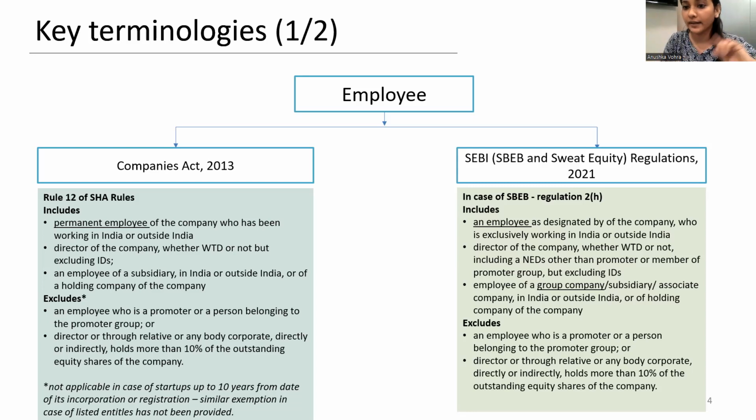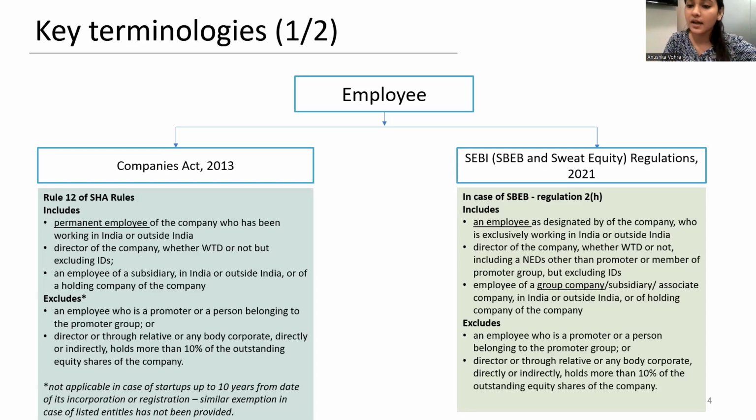But when the regulations were changed, the word permanent was removed, and now it says an employee as designated by the company. So now, under the SBEB regulations, it includes non-permanent employees also, meaning an employee who is on probation or working on a contractual basis is also included. Independent directors are not included.